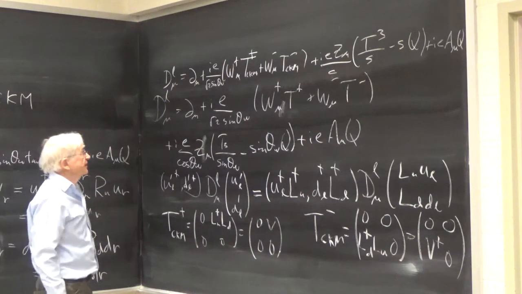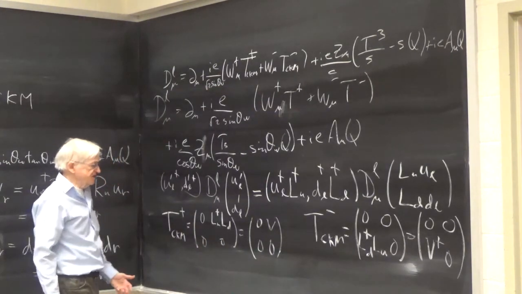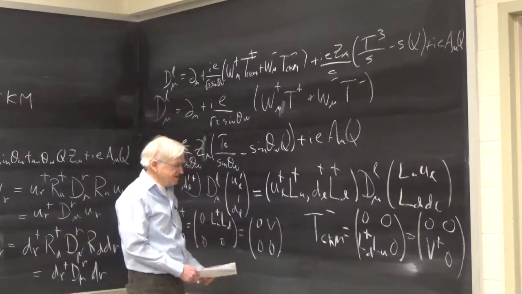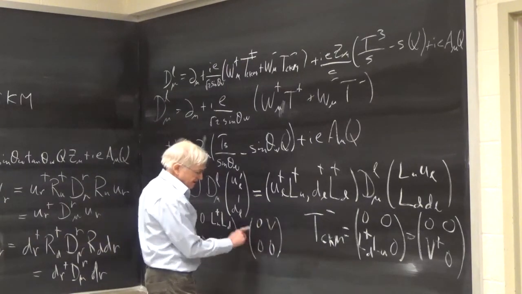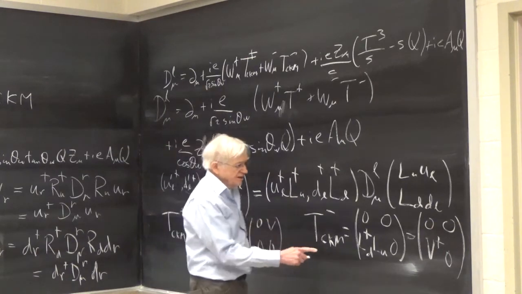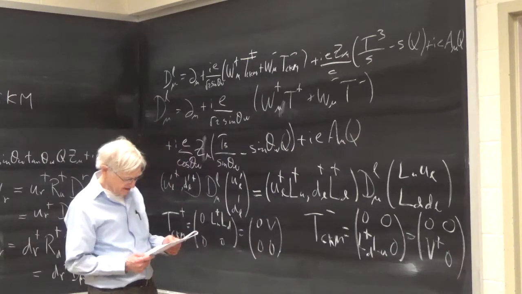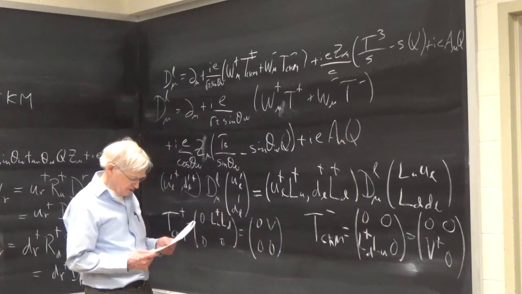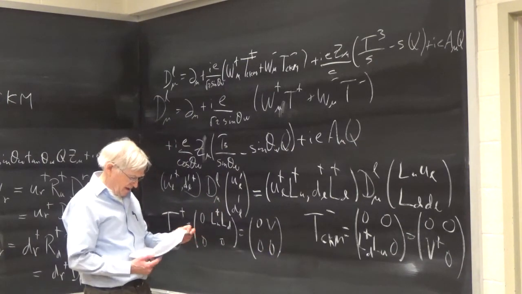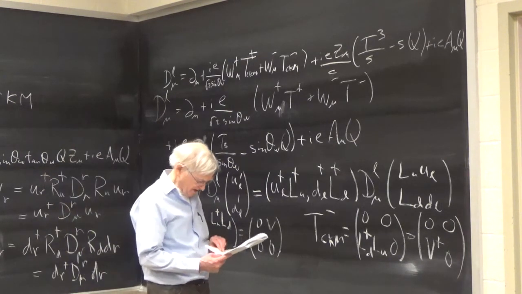And so these T plus and minus CKM matrices are 6 by 6 matrices, which are essentially 0 except for these funny places, a V here and a V dagger there, V and V dagger being 3 by 3 complex unitary matrices. Okay. I seem to have written the same equation twice.